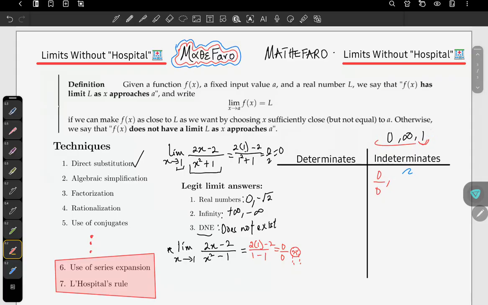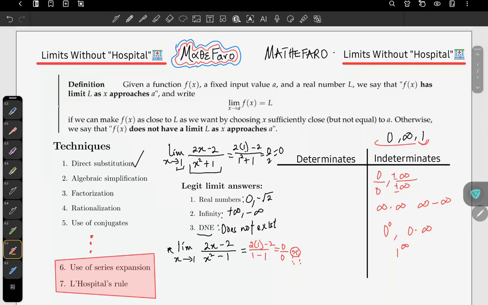So we have 0 over 0, infinity over infinity, which could be plus or minus in either case, infinity times infinity, infinity minus infinity, 0 raised to power 0, and 0 times infinity. That is 6. And the last one is 1 raised to power infinity. All these are indeterminate forms.